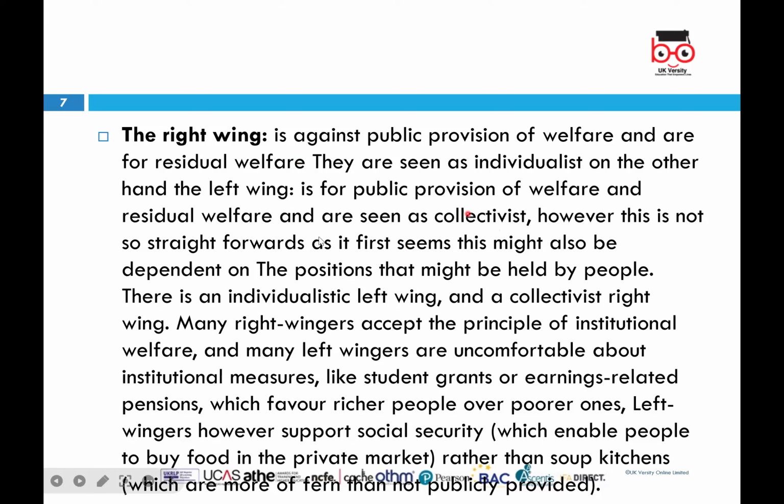But this is not very straightforward. So there are positions that might be held by people. There is an individualist left wing and a collectivist right wing as well. So many right-wingers accept the principle of institutional welfare, and many left-wingers are uncomfortable about institutional measures. So they're all sometimes for each other and sometimes against each other.